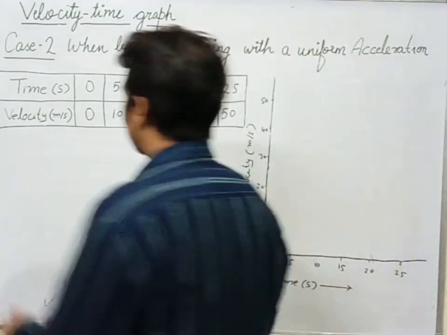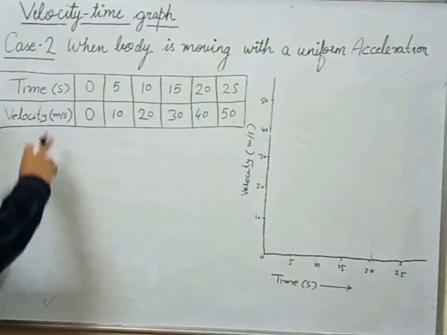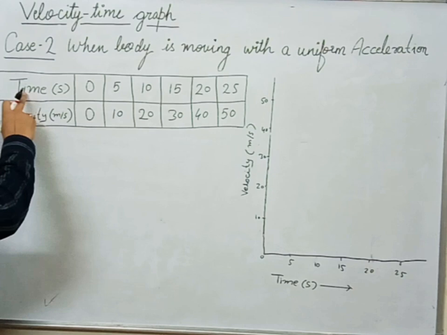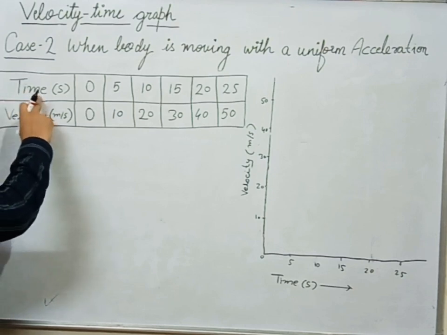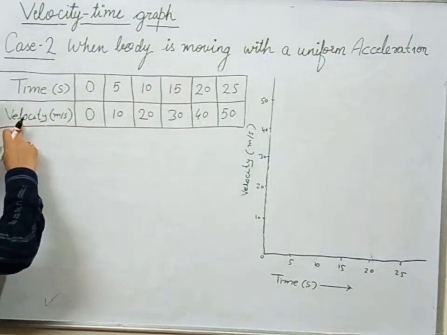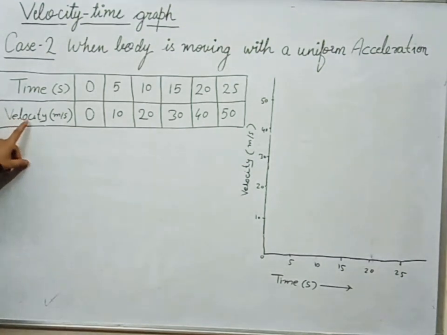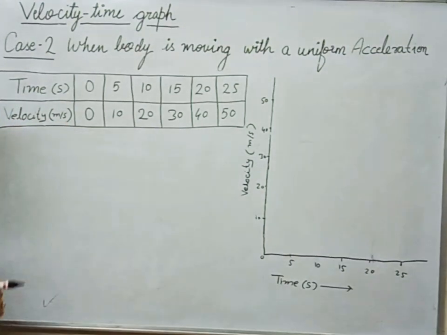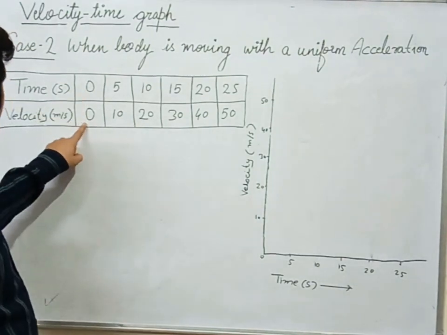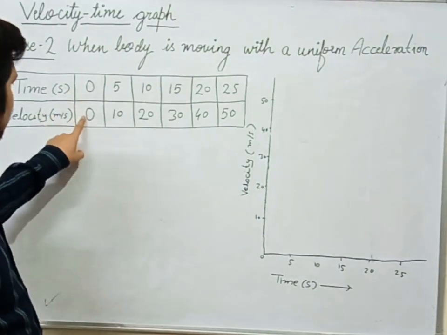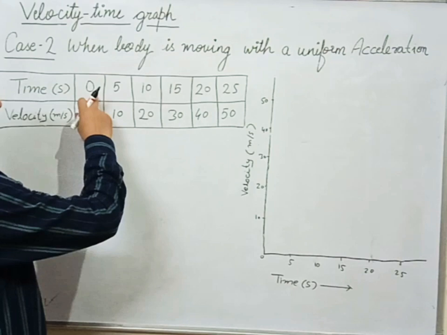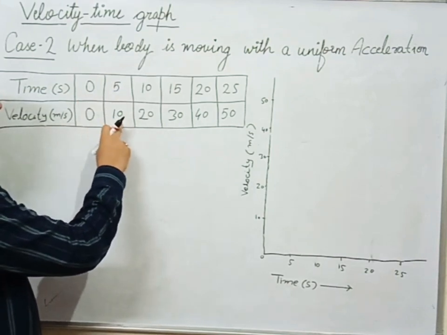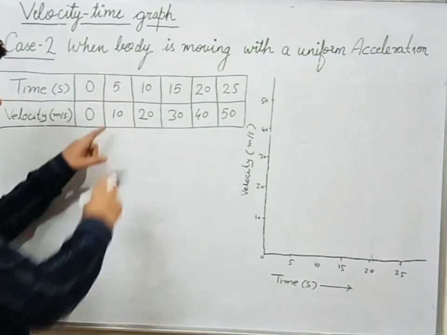Now here is an example, see this table. The first row shows the time and the second row shows the velocity in meters per second. At 0 time, the velocity is 0, and in 5 seconds its velocity changes to 10 meters per second.